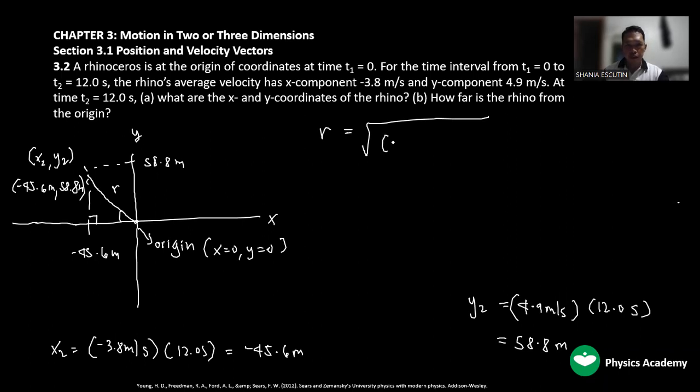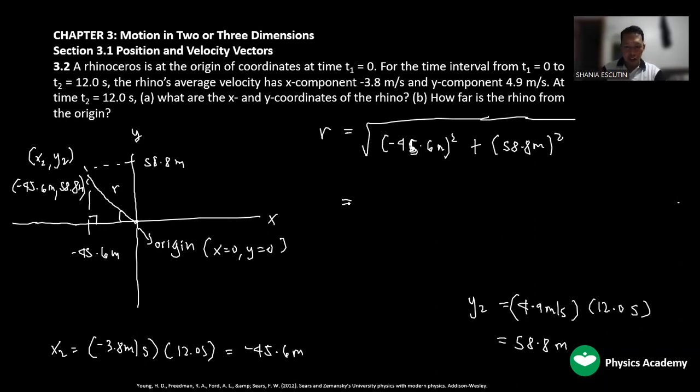So R is equal to the square root of negative 45.6 meters squared plus 58.8 meters squared. That is our distance. How far is the rhino?